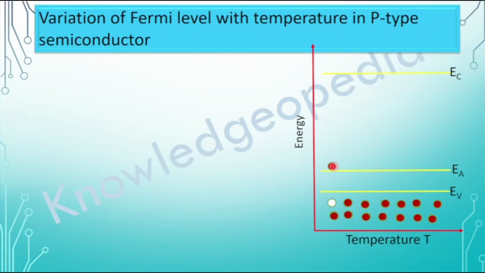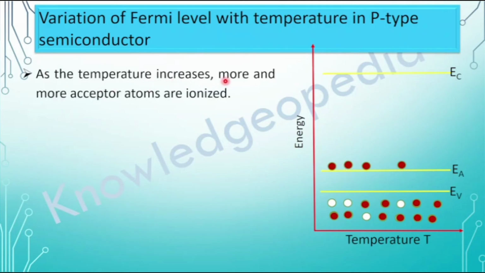If these electrons are getting added, the atom will become negatively charged. If the atoms are negatively charged, that means they are getting ionized. As the temperature is increasing, slowly more and more electrons will move from the valence band to the acceptor level. As the temperature increases, more and more acceptor atoms are ionized.